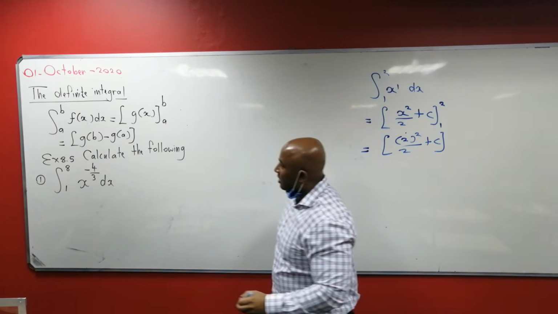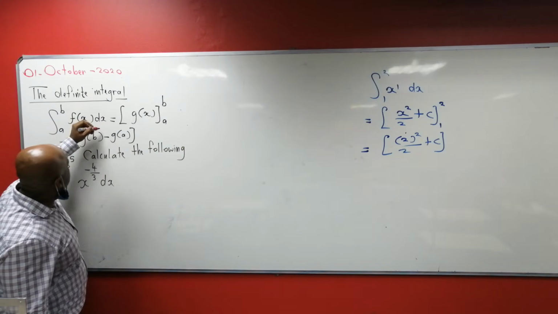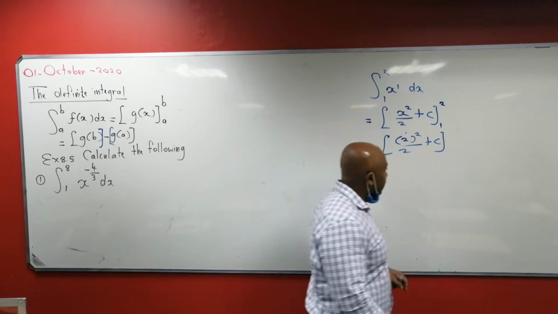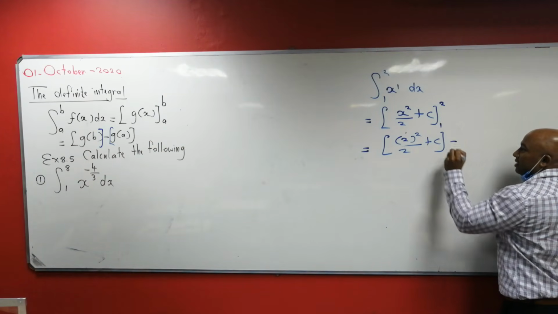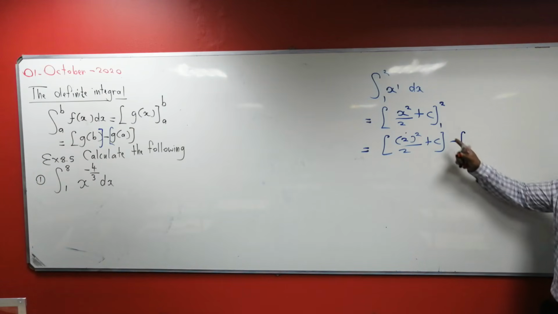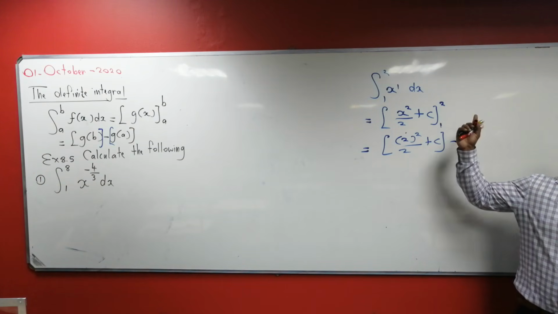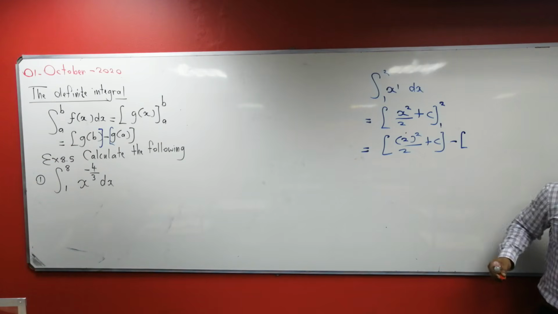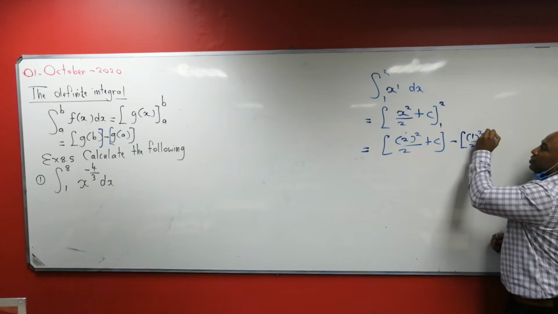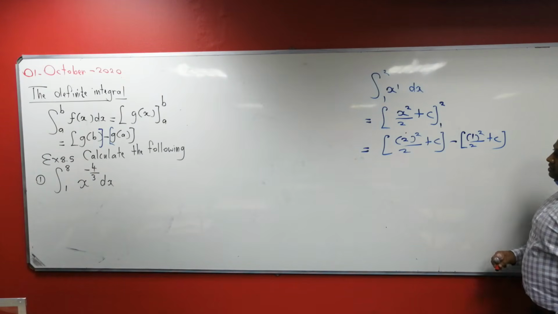Let me just close it there, open it there. Put a minus sign. Now go back and this time substitute the lower limit, which is 1. So that's 1 squared over 2 plus c.